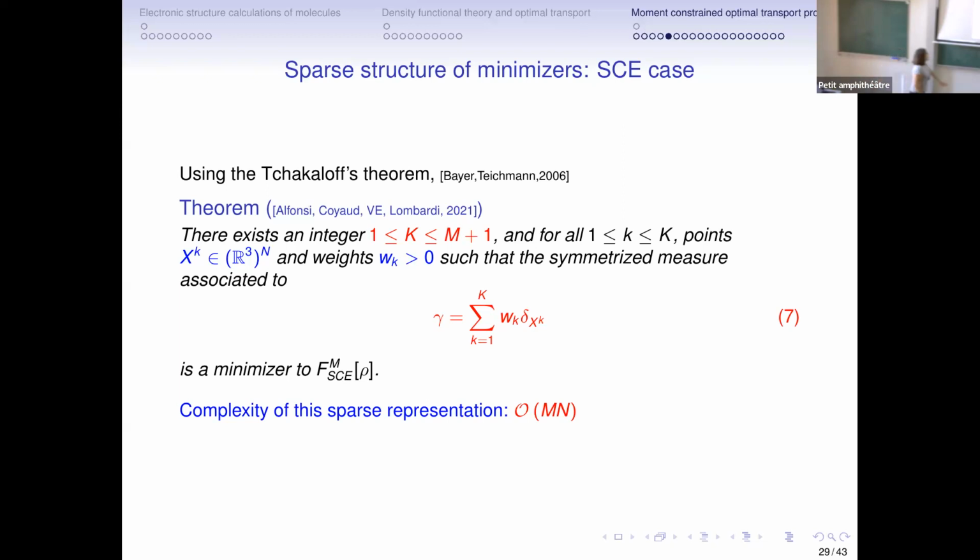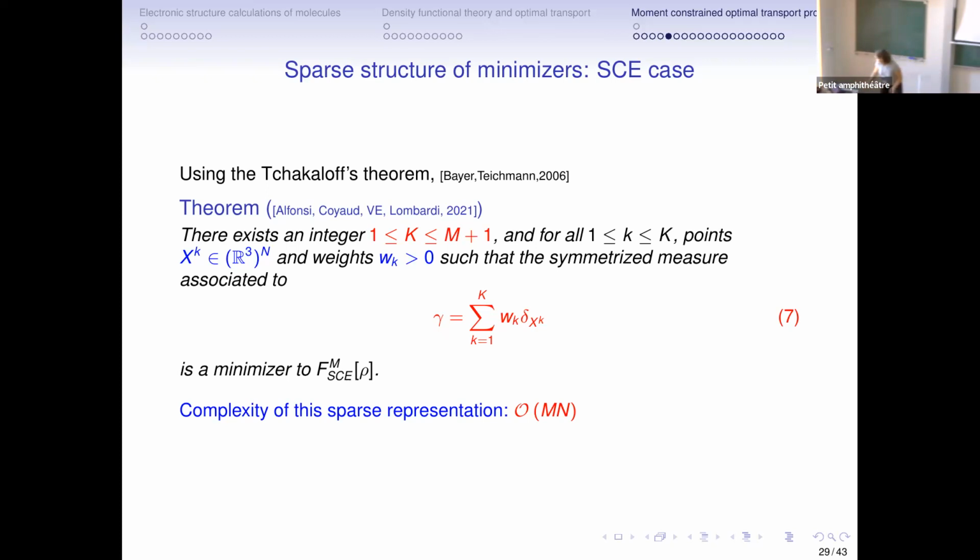Okay. So this is a nice thing. This kind of representation is sparse, but of course there is a question: do I get a good approximation out of it? Okay. And so that's something that we heavily use in the numerical tests that we've performed with this kind of approach.